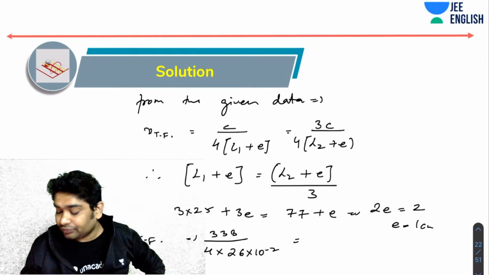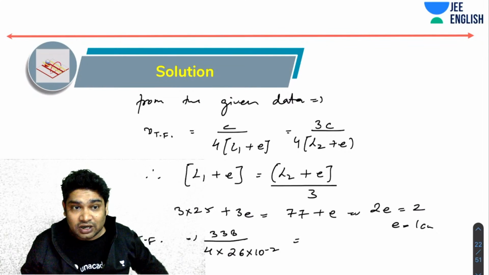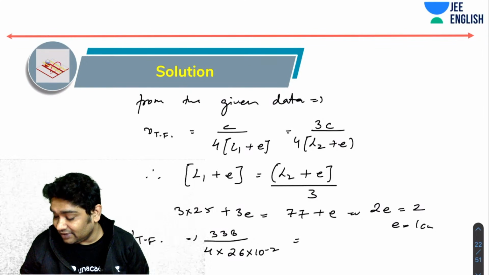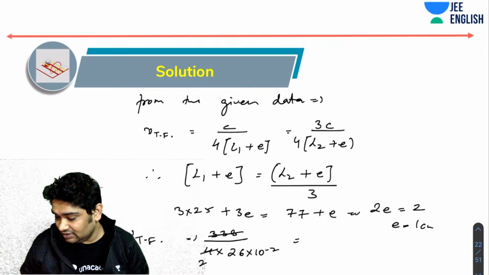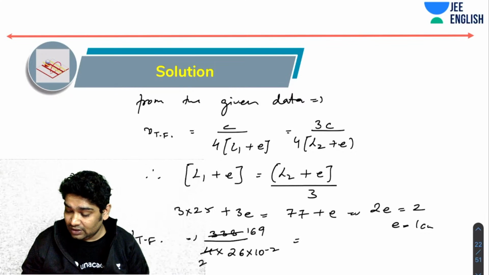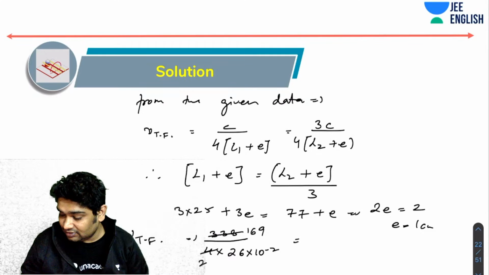So let's calculate this. How much would that value be? Let's see, 26 can be removed with 13.